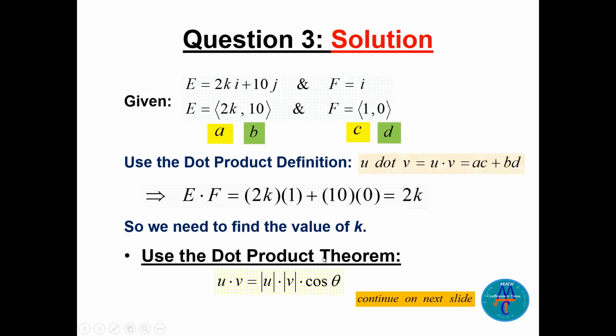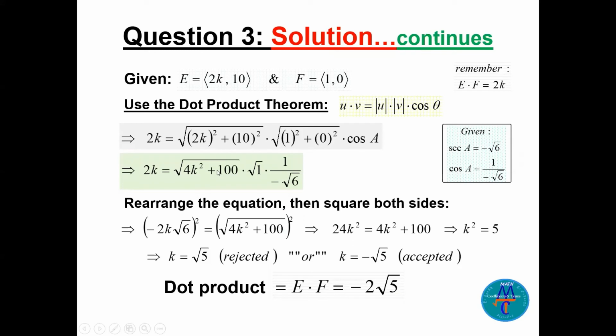Let's use the dot product theorem here. U dot V is equal to the magnitude of U times the magnitude of V times cosine theta. Theta is the angle between the vectors, and it is given as capital A. So I can write U dot V, I found already 2k from the previous slide.